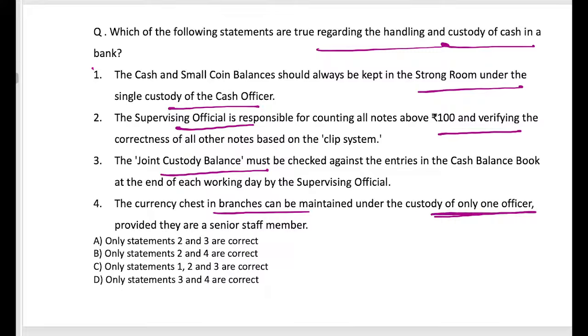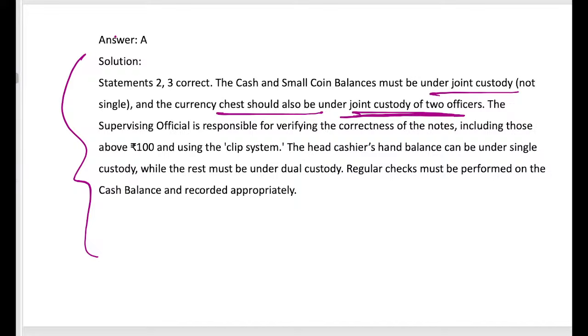Okay. So in both cases we have dual authorities. 2 and 3 are right, right? So option A should be the correct answer. Yes, very good. So option A will be the right answer for this particular question. Very good.